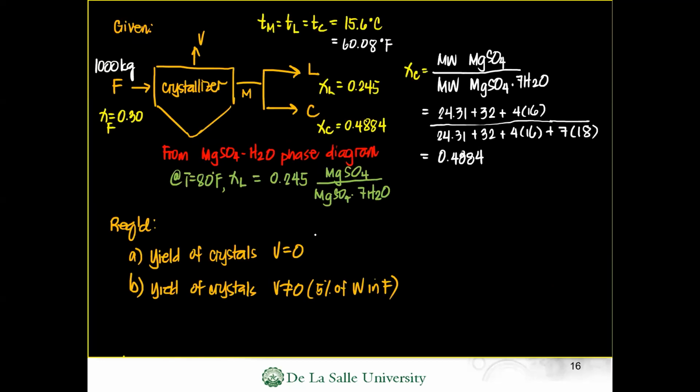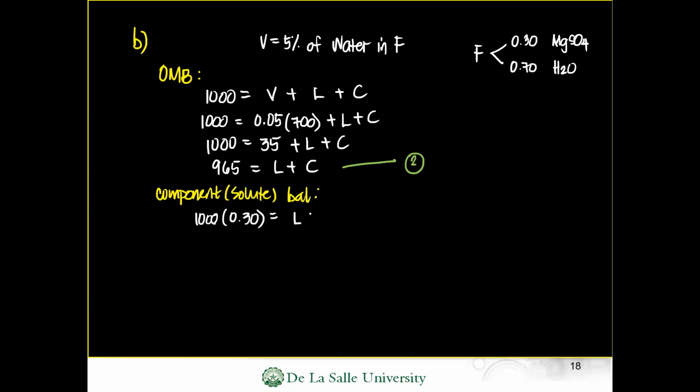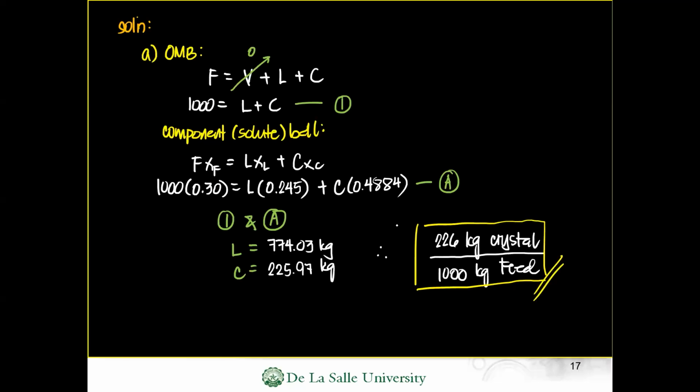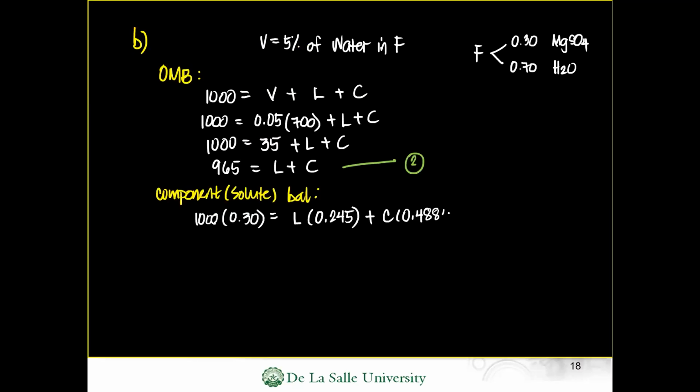What's XL in here? 0.245 plus C, and then the XC is 0.4884. Now, I have a question, guys. What happened to V XV? Why is V XV not present in the component balance? Because there are no solids in the evaporated water. It's purely water. There's no solute. So this is what I call now my equation B.